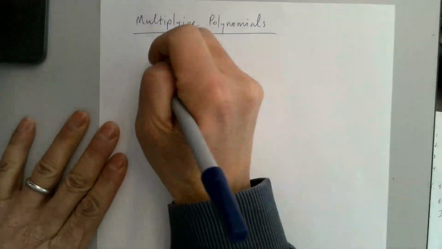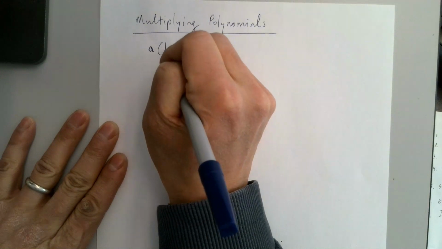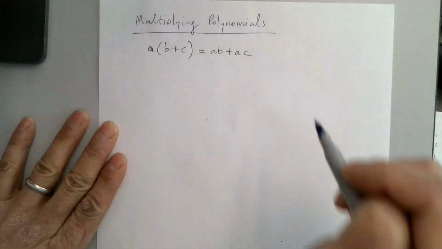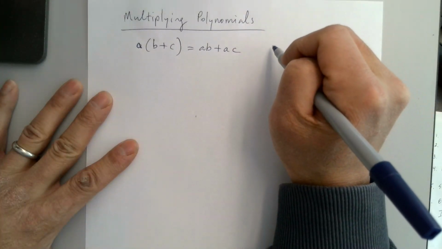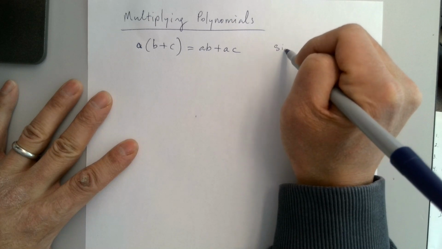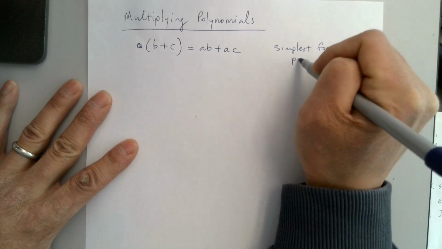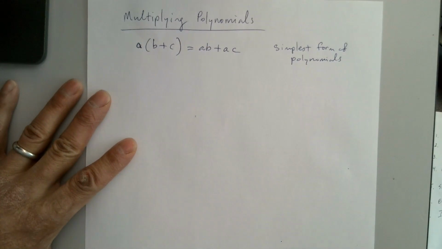The second polynomial video is multiplying polynomials. So the main concepts we're going to use here are something we've been using for a long time, the distributive property, and a newer concept, the simplest form of polynomials.